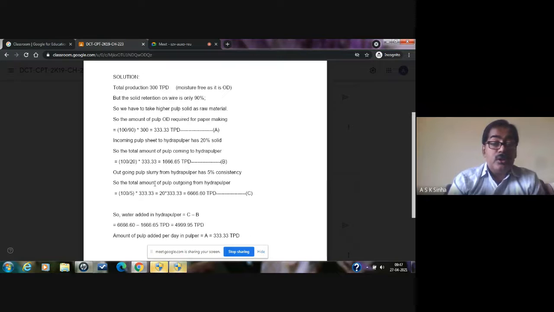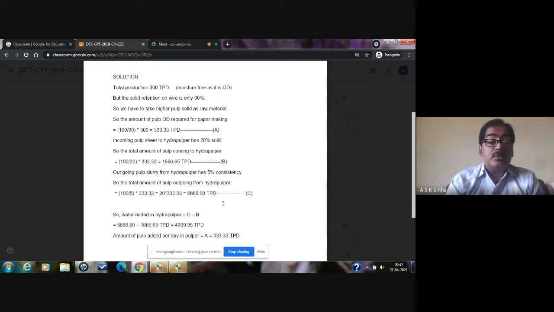Now the third step will be the outgoing pulp slurry from the Hydra pulper, which has 5% consistency. So the total amount of pulp outgoing from the Hydra pulper will be 100 divided by 5 multiplied by 333.33. Here you can see 100 is the total amount, whereas the solid is now 5% only.